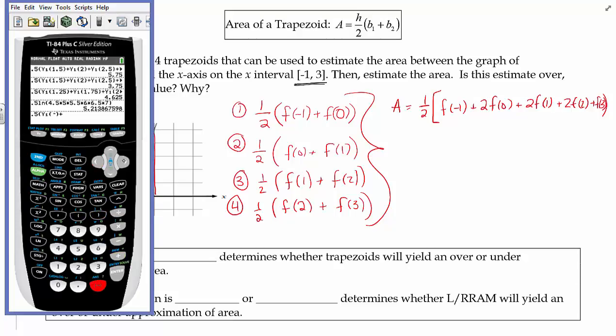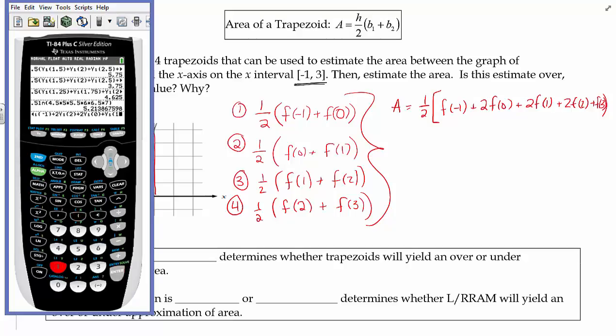Wow, get my head together here. There we go. Plus 2 times Vars, Y-Vars, Function, y1 of 2, plus 2 times Vars, Y-Vars, Function, y1 of 0, because I forgot the 0 and the 1. Vars, Y-Vars, Function, y1 of 1.